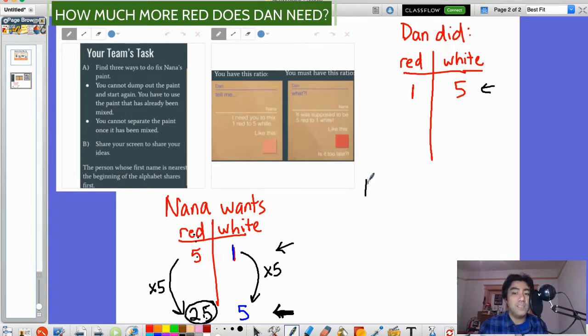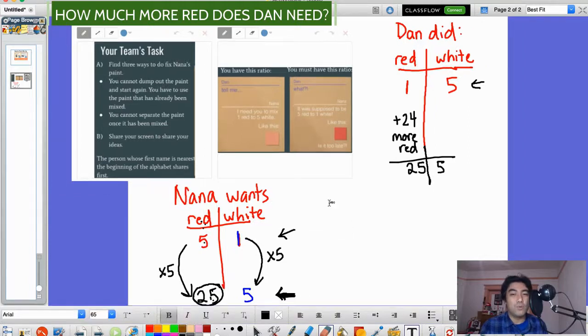So basically, if we just had 24 more red, then we would get the 25 red and the 5 white that we need. Okay? All right, let me write that in a sentence so that makes more sense to us.